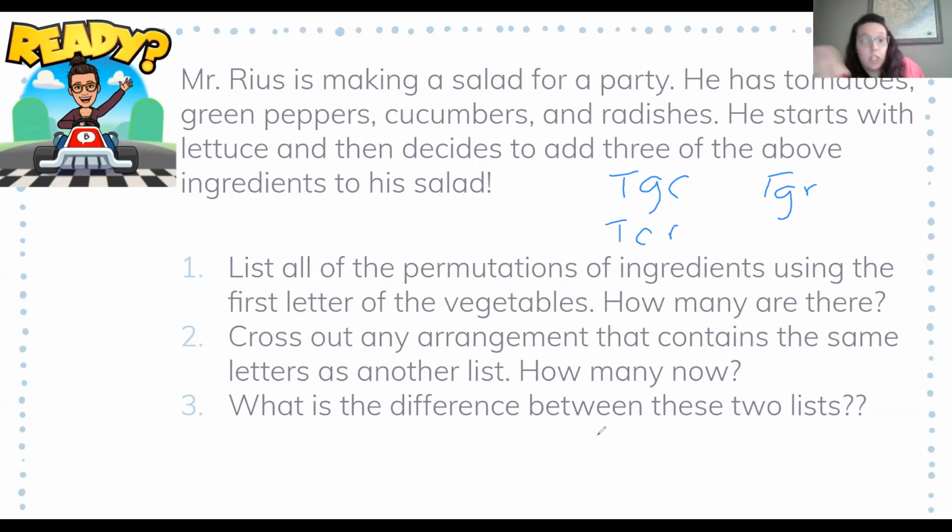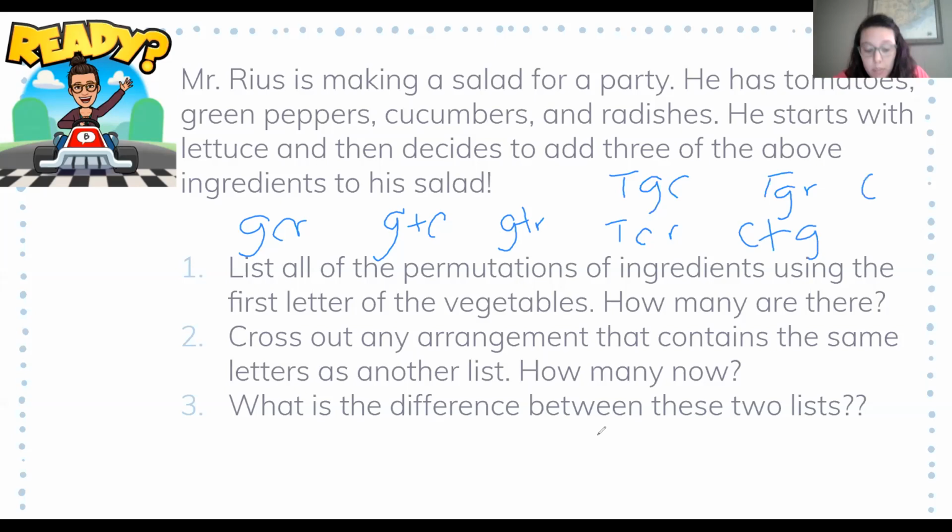Then I could move over to green peppers and I could do green peppers, tomatoes, and cucumbers. Then green peppers, tomatoes, and radishes. And I could do green peppers, cucumbers, and radishes. Then I could do cucumbers, tomatoes, and green peppers.